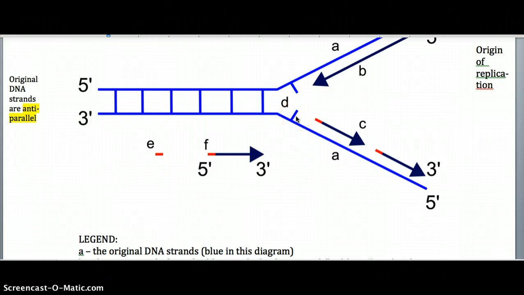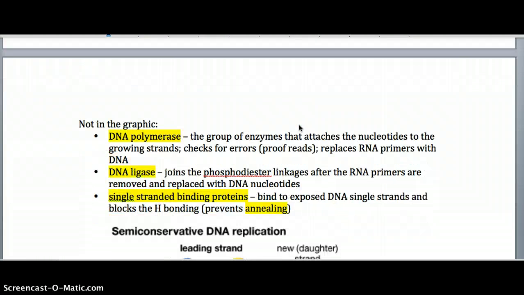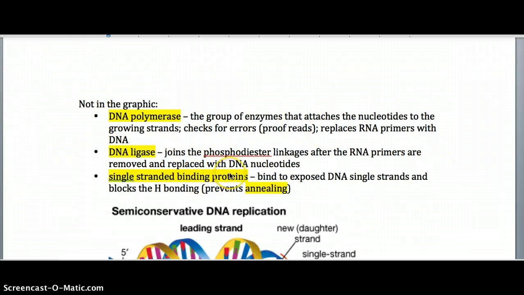We call that annealing. So the DNA will anneal. We want to prevent that because we want the DNA polymerase to be able to come in and put the nucleotides in for the new strand. So generally we would have some single-stranded binding proteins that would bind on both sides and hold the strands open, prevent them from annealing. And that's what single-stranded binding proteins do.